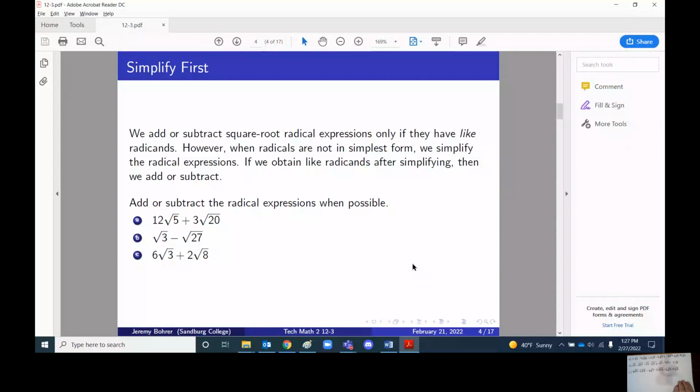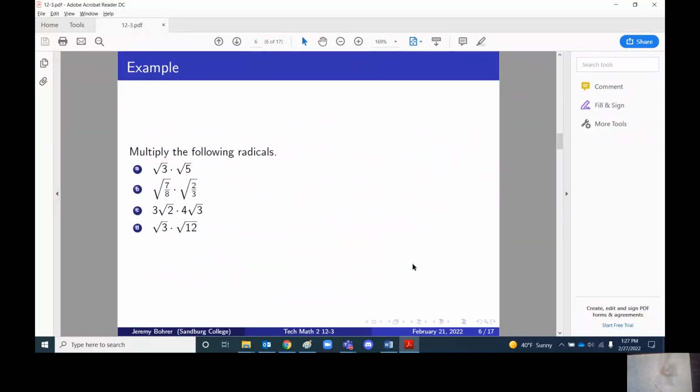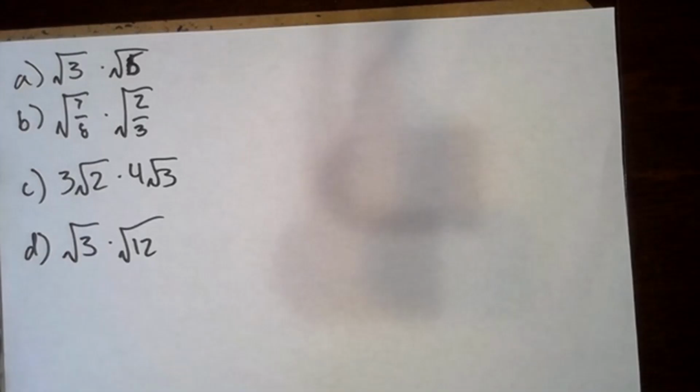Next up, we are asked to multiply these radicals. And remember, when we're multiplying radicals, all we really want to do is multiply what's under the radicals, as long as they have the same base.